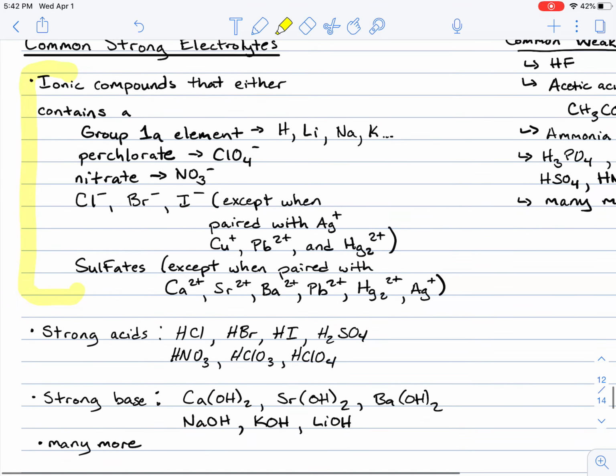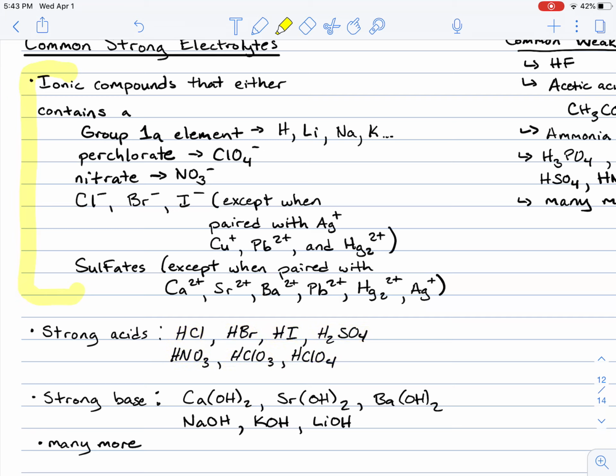Now, for strong acids, I didn't really change too much from what I wrote down in the previous video. I just went ahead and reorganized it. So here we have our hydrochloric acid, hydrobromic acid, hydroiodic, sulfuric, nitric, chloric, and perchloric acid.